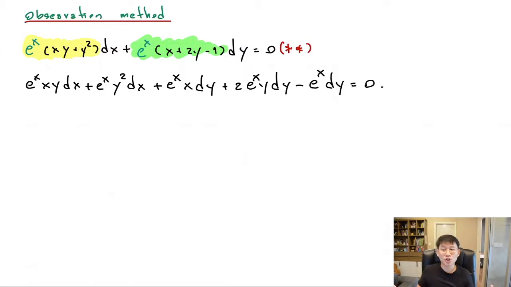I don't know what to do, so I just distribute e to the x into the parentheses, okay?